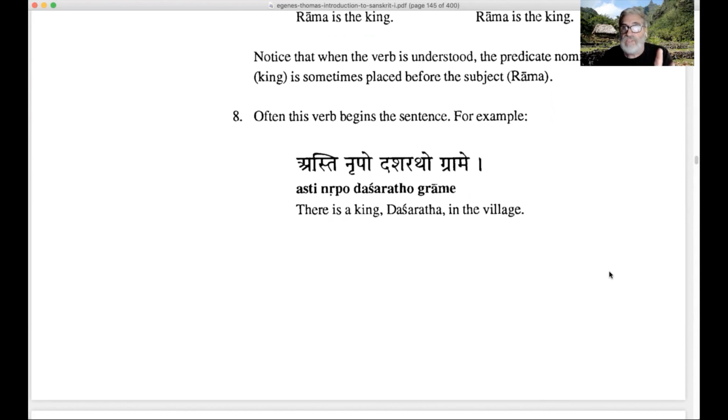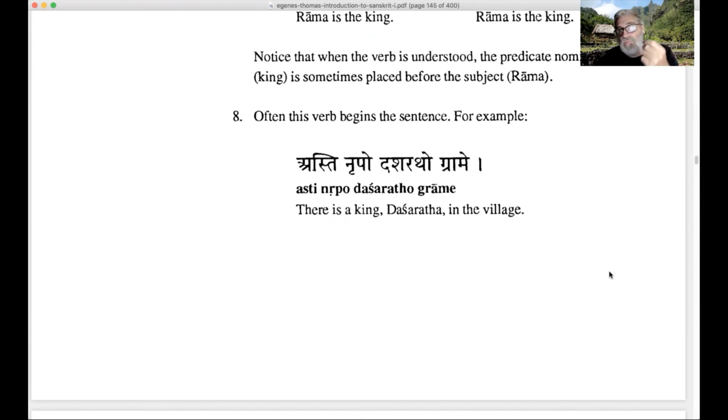So nripo dasaratha tends to make me believe that nripo is describing dasaratha. It's in the same number and case. It's acting like a visheshana, like an adjective, and it's describing Dasaratha. So which Dasaratha? The Dasaratha who is a king. So King Dasaratha. Then rame means locative singular of ramaha, masculine, or neuter, whatever it is.